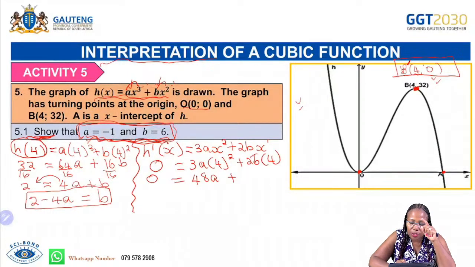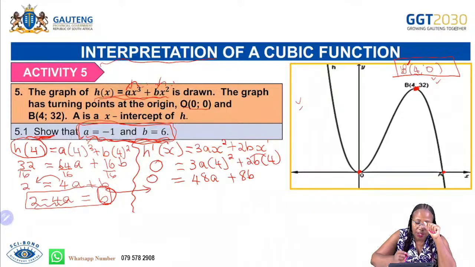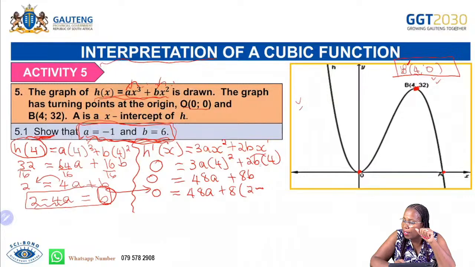Plus 2 times 4 is 8b that side. Remember, our b is 2 minus 4a. So wherever we have a b in here, we are going to substitute 2 minus 4a. So this will be 0, 48a plus 8 into 2 minus 4a.